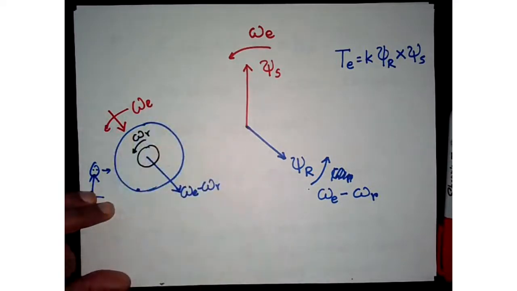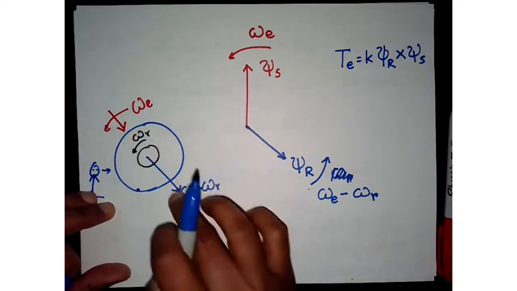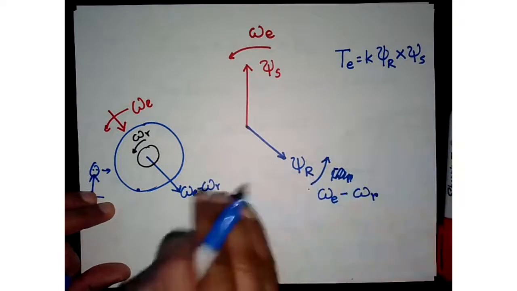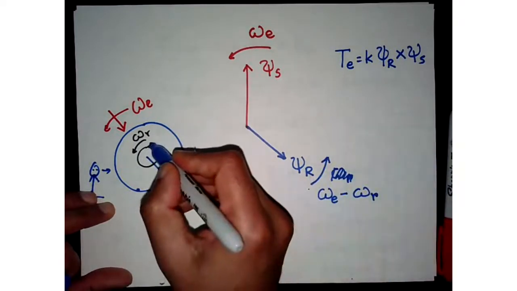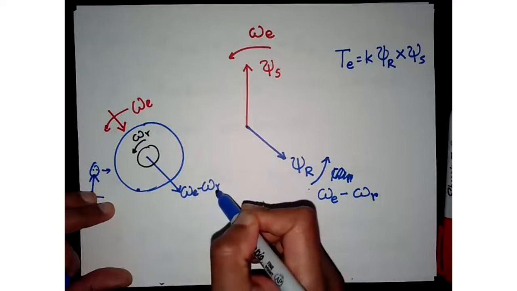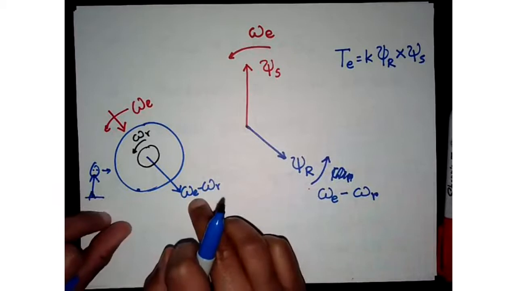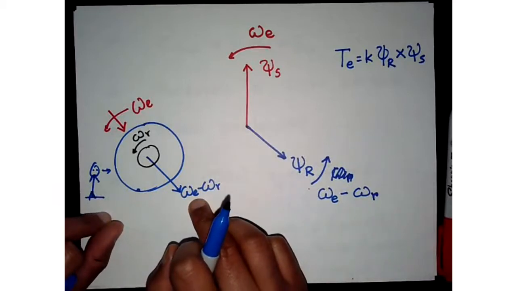That is an important point to keep in mind. It's at this frequency on the rotor. So if you are sitting on the rotor, you will see that this rotor field is moving at this frequency because the speed difference is what induces the rotor flux.